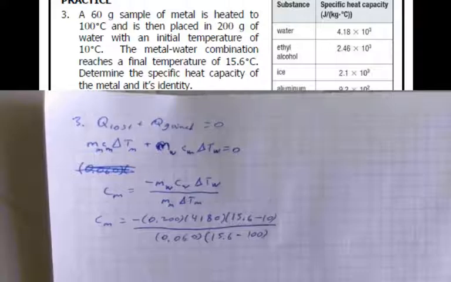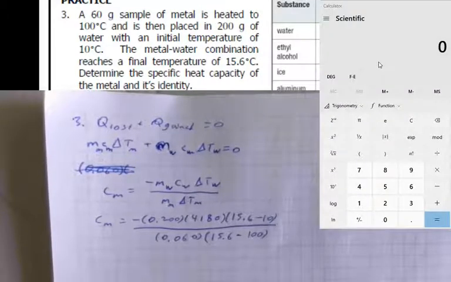We'll start with, it's going to be negative, so negative 0.2 times 4180 times bracket 15.6 minus 10. Close the bracket.